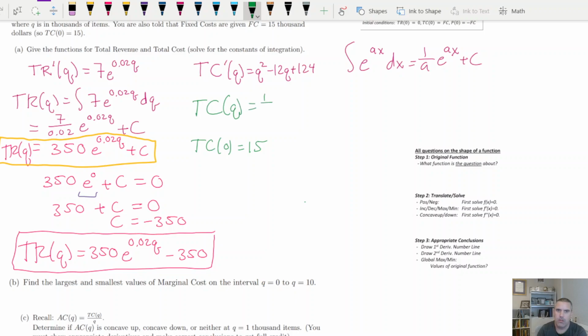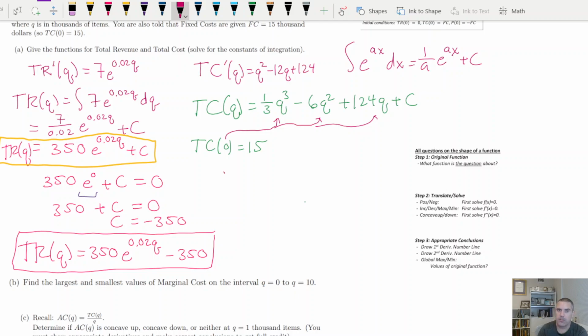So this is 1/3 q cubed minus 1/2, so it's going to be 6 q squared plus 124 q plus c. Now in this case, when we plug in 0, you still should be thinking about it as plugging in 0 and having it equal 15.